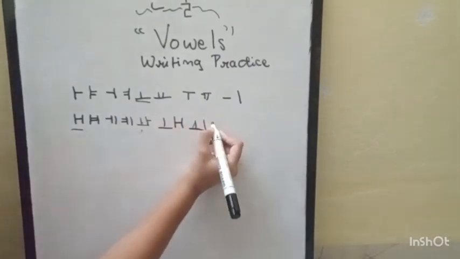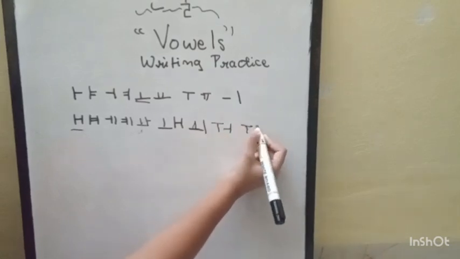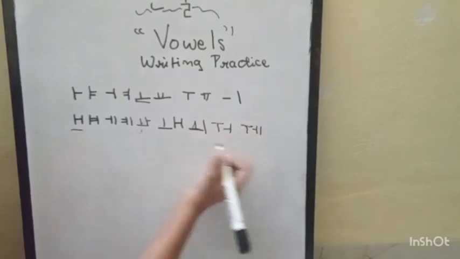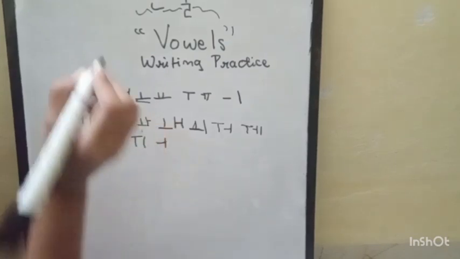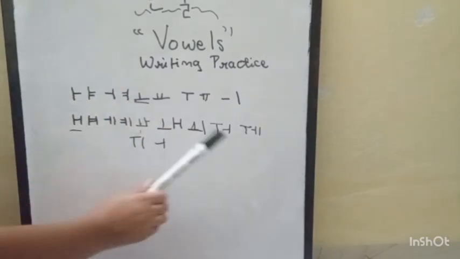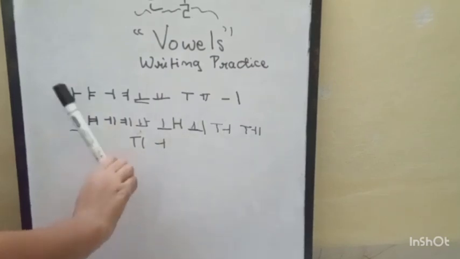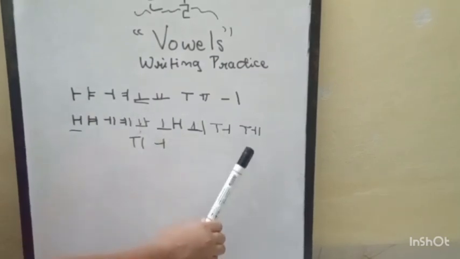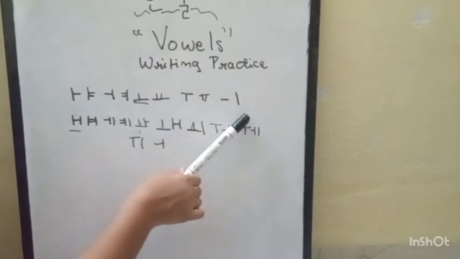Then wu, we, ui. So this way, the wa was the combination of u and a. We was the combination of u, a, and e.